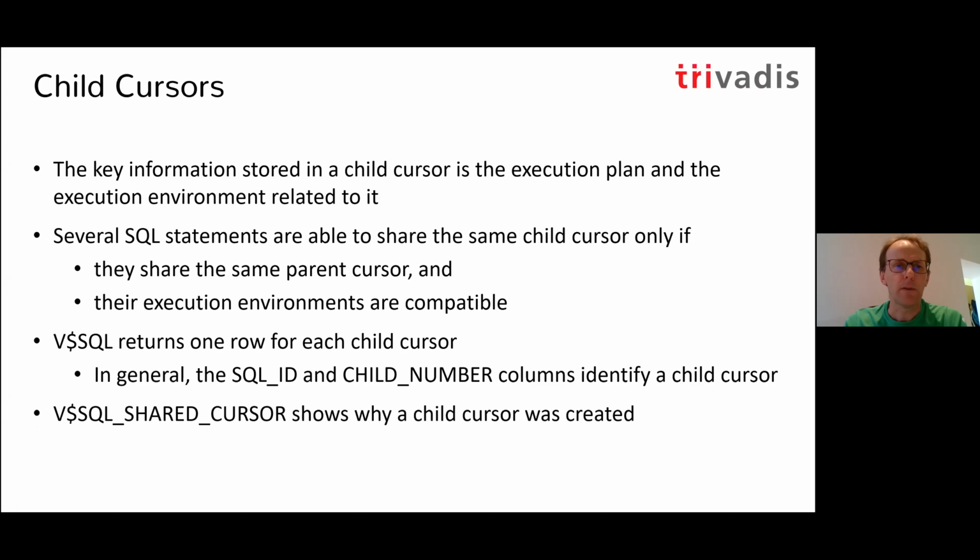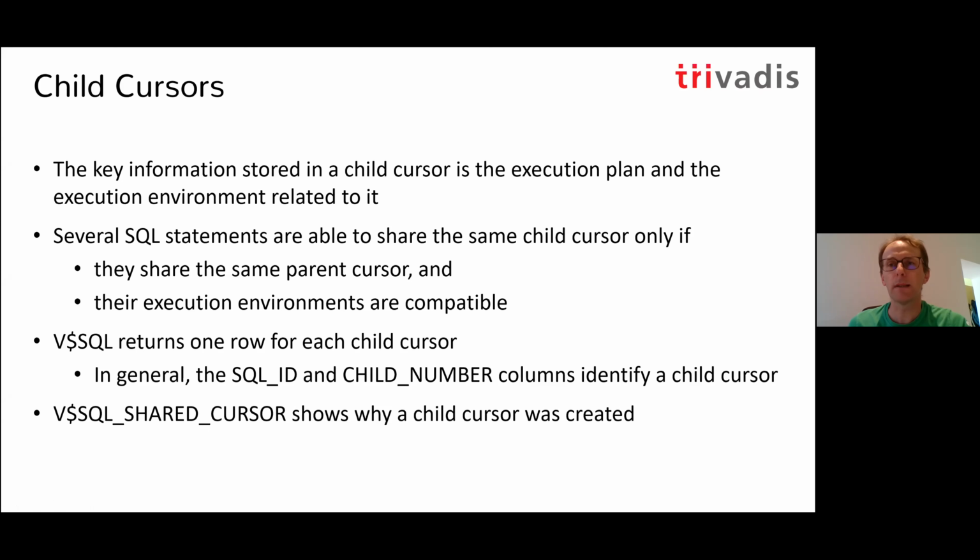Now, let me go back to the previous sentence. When I say that in general SQL ID and child number can be used to identify a child cursor, I say in general because it's not strictly true. What you have to imagine is that a parent cursor can have a limited number of children, and the number depends on the version. We will see in a moment, but the point is it's not unlimited.